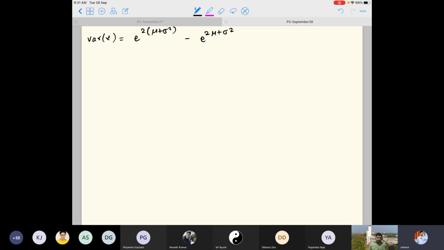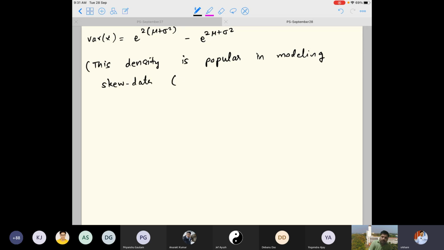This density is popular in modeling skew data, especially right skewed data.